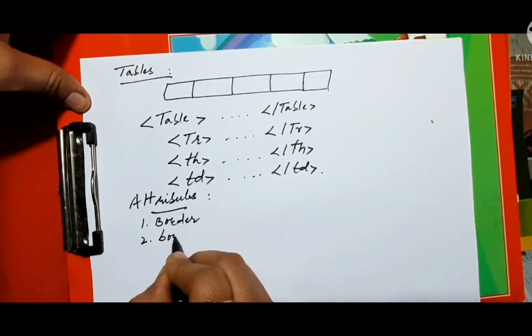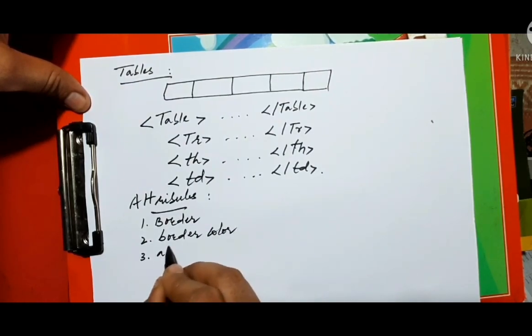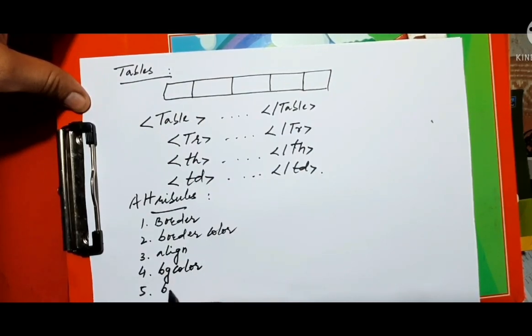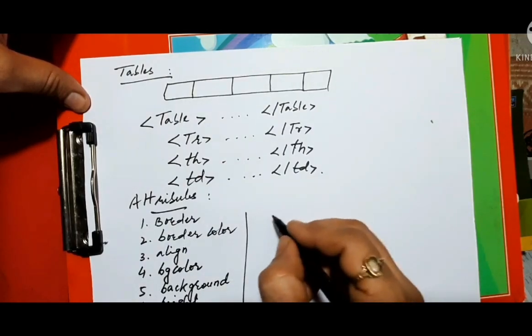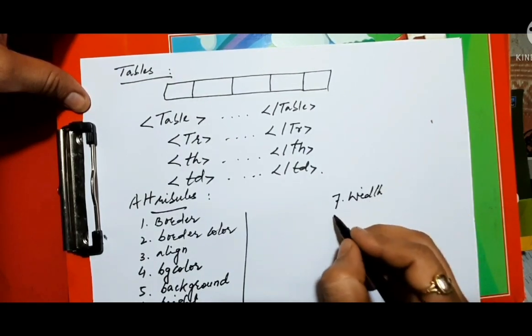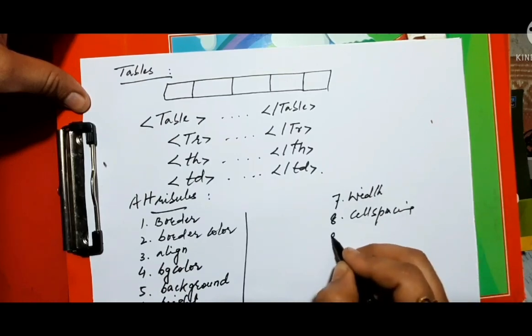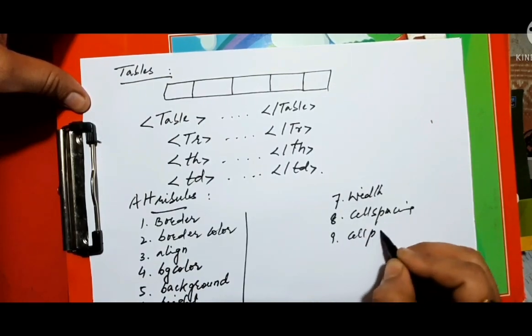Border color, align, bgcolor, background, height, then you have width, cellspacing, and the last is cellpadding.